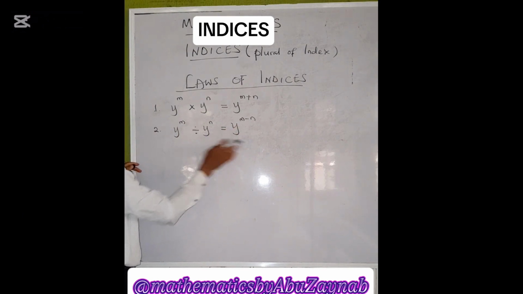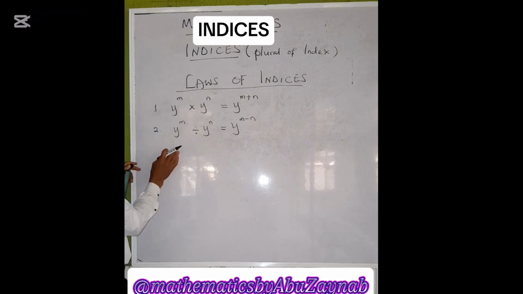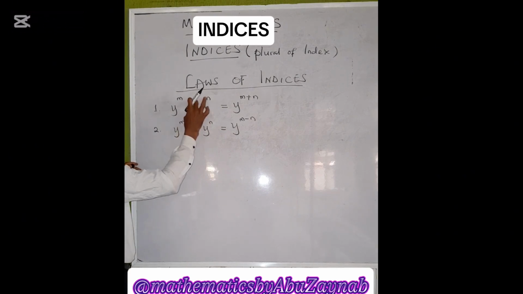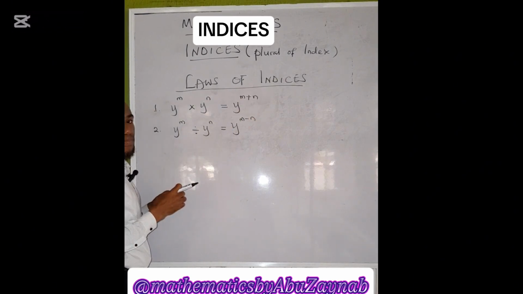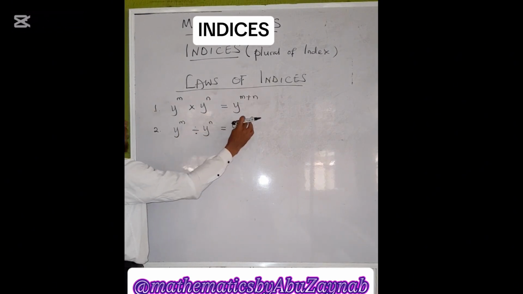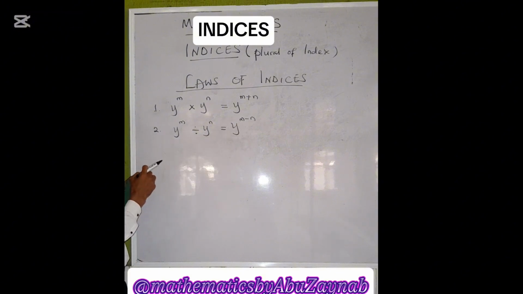These rules are valid as long as the bases of the variables are the same. In other words, if you have multiplication, it simply translates to adding the indices. And if you have division, it means subtracting the powers or indices.